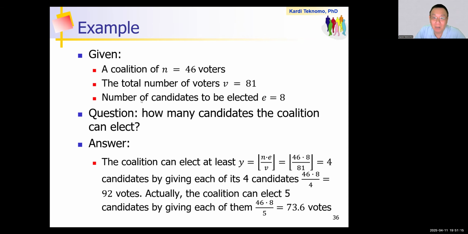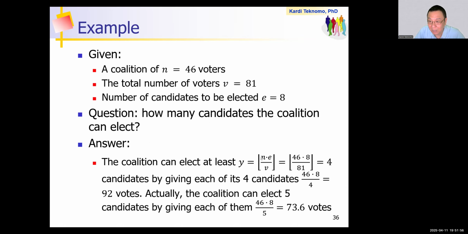Suppose you have a coalition of 46 voters. The total number of voters V is 81, and the number of candidates to be elected is 8. Then the question is how many candidates the coalition can elect. So we use the same formula as a while ago. The coalition of 46 voters can elect at least 4 candidates among the 8.